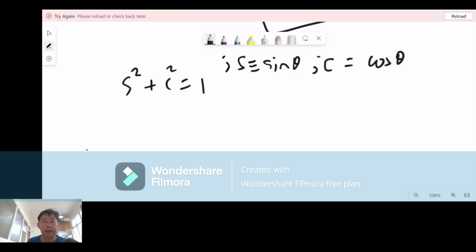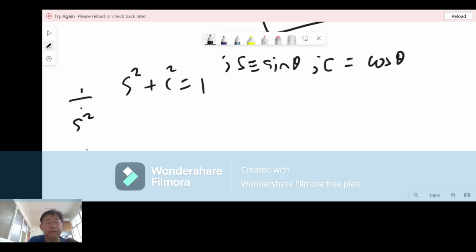So you save my time and energy to write the identity in the short form of S to represent sine, and C to represent cos. So what you do here is that if you divide this equation by, say for example, sine square.